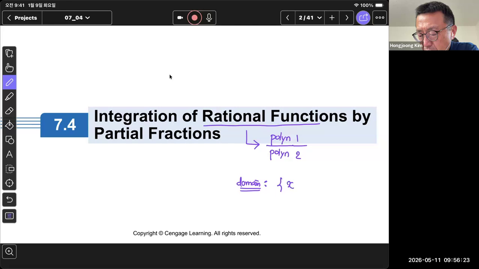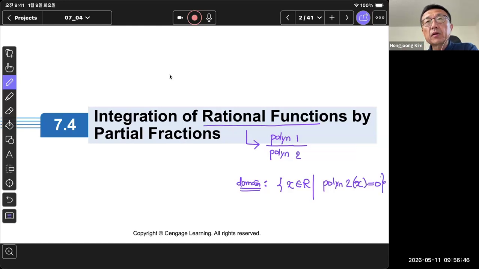Any x will be included in the domain of such a rational function as long as polynomial number 2 is not 0 at that x point.